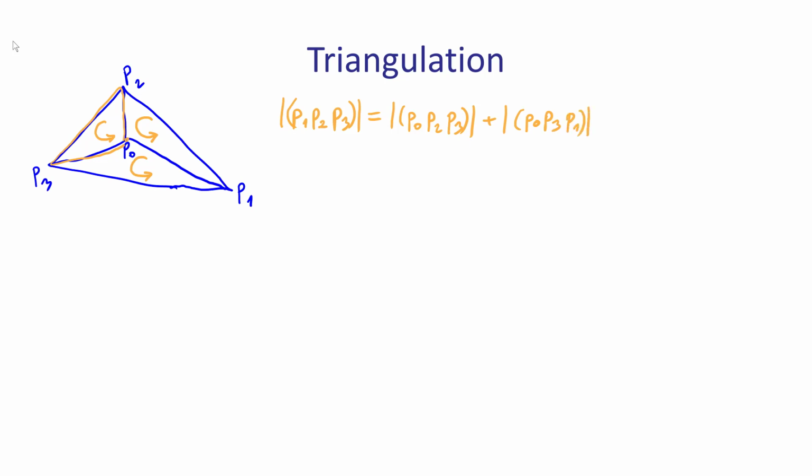So this is the second determinant, and the absolute value of that determinant for that triangle. And the third one, plus the absolute value of P0, P1, and P2, which is that triangle.